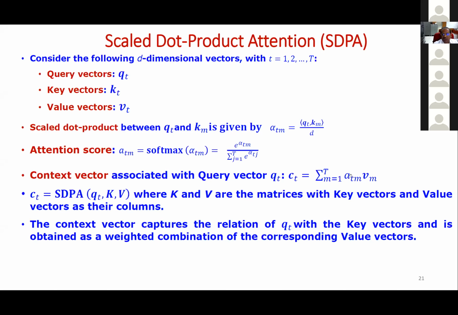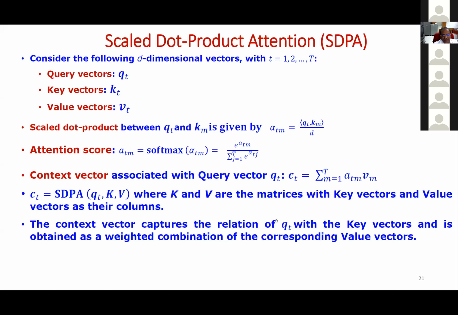And because we are using all the key vectors and the value vectors, we can express this context vector as a function of the corresponding query vector and this K matrix and the V matrix, where K is the key vector matrix and V is the value vector matrix, where the columns of these matrices are nothing but the corresponding key vectors and the value vectors. So basically, this scaled dot product attention involves comparing the given query vector with all the key vectors, and then generating these attention scores and using them to generate the context vector by a linear combination of the value vectors associated with the key vectors.